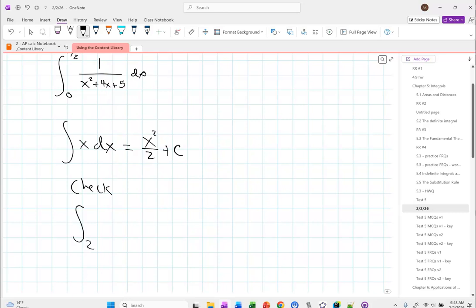I want to see if this is equal to my answer with the 3 and the 2 plugged in, right? So I'm going to do this on the calc and this on the calc and make sure my answers agree, as a check for an indefinite.